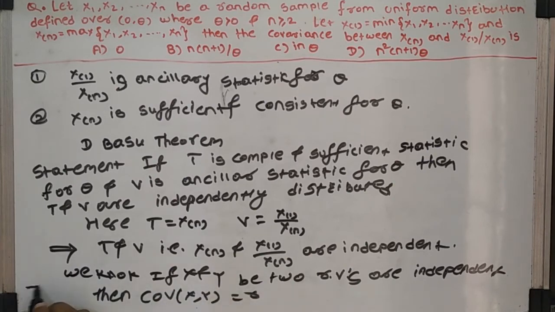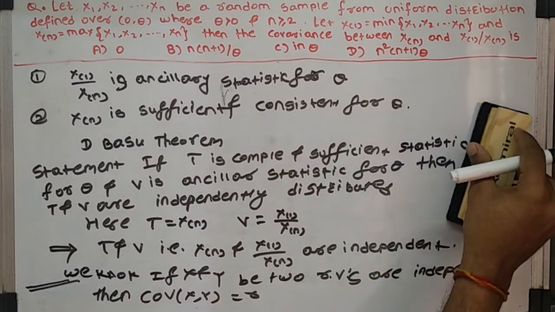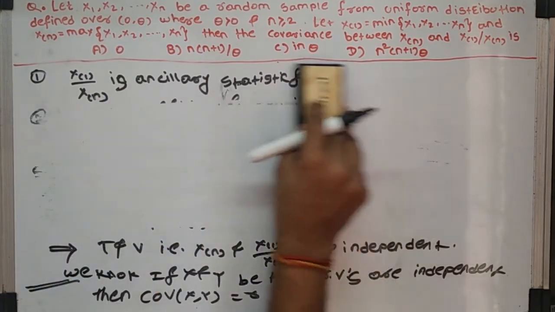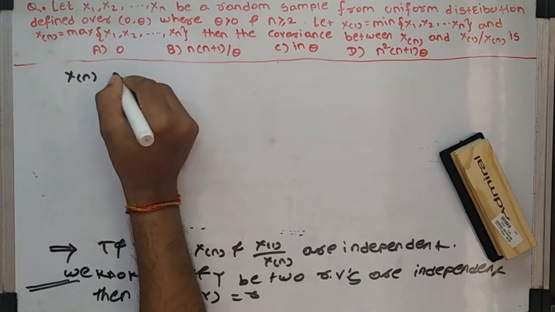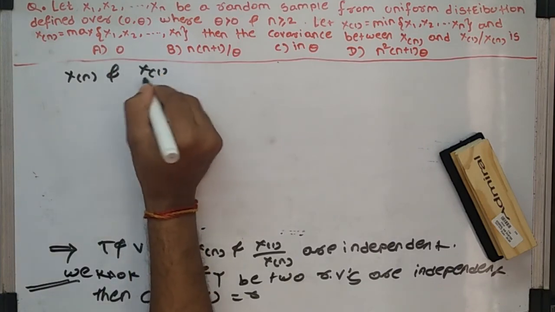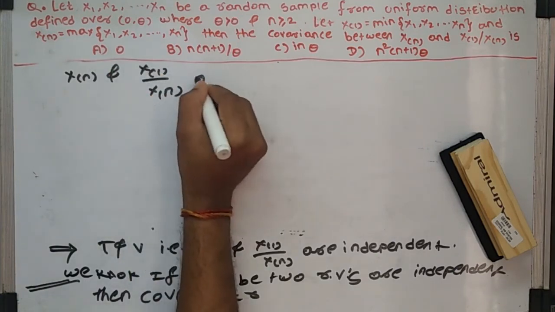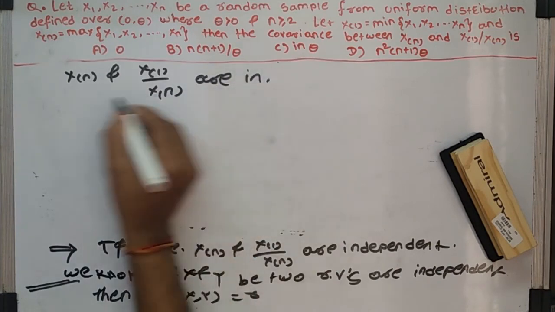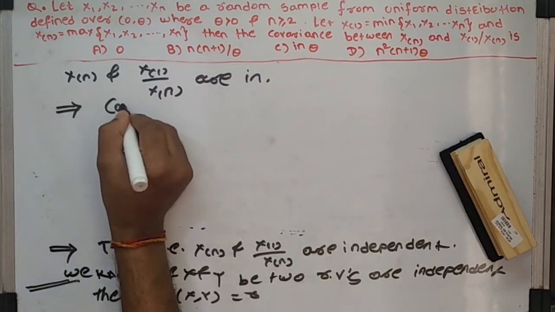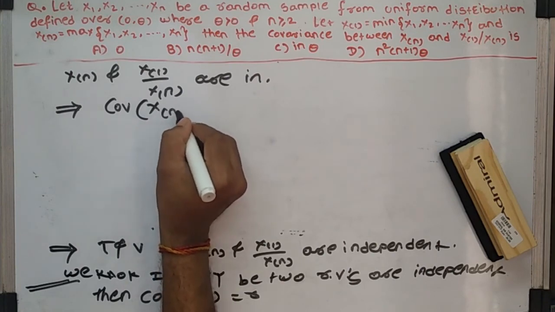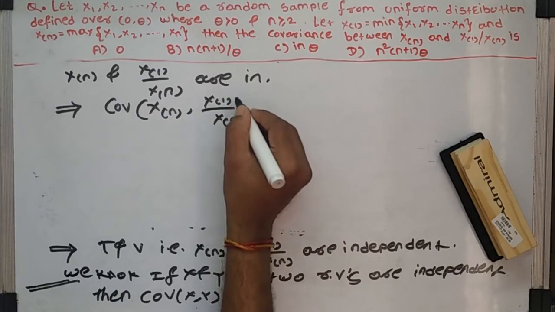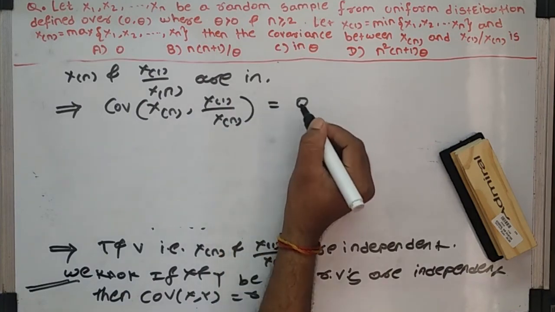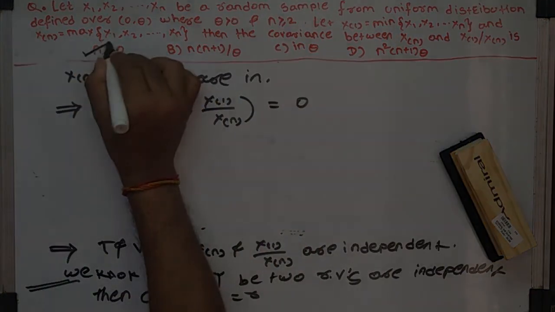This is also an important result; we always remember it. Here T and φ are independent, that is, X(n) and X(1) upon X(n) are independent. This implies that the covariance between X(n) and X(1) upon X(n) is equal to 0. That's why the first answer is true.